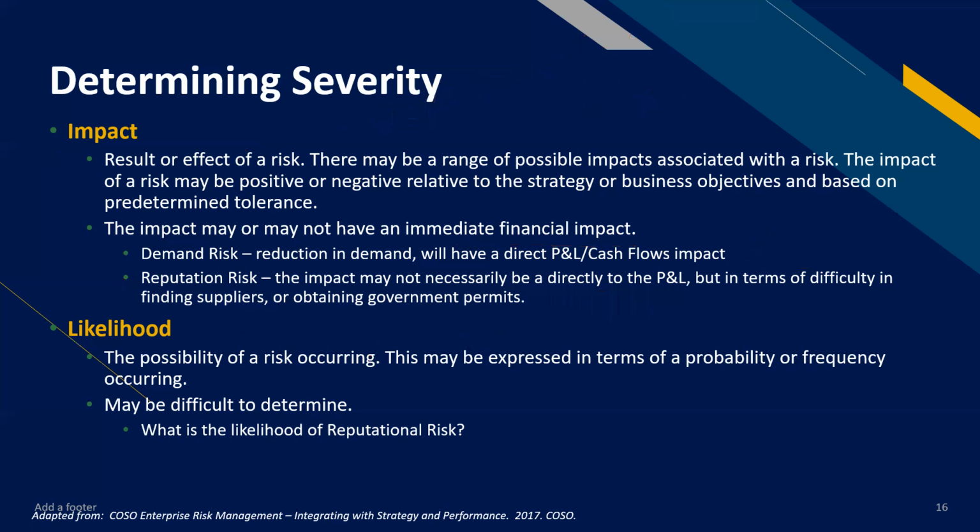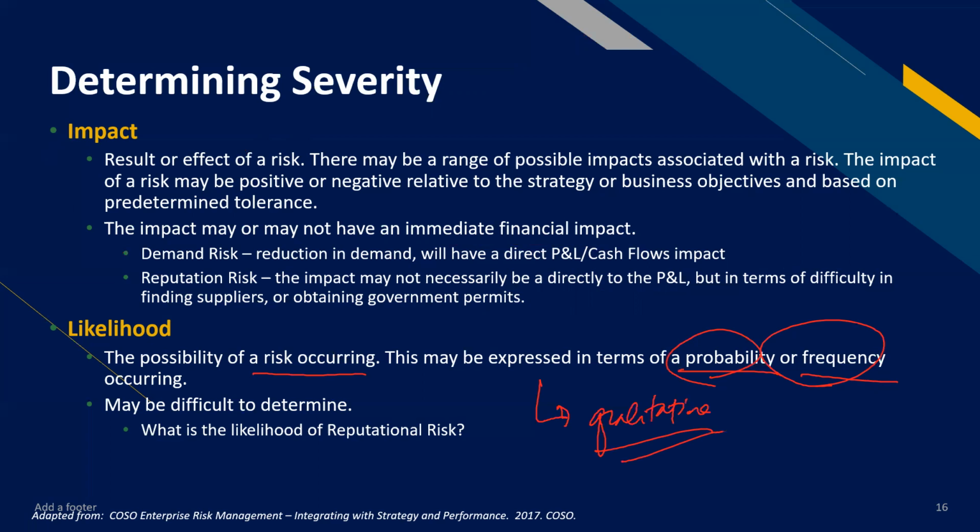Right? Likelihood is the possibility of the risk occurring. So probability of risk. So it might be expressed in terms of probability and frequency, and likelihood sometimes is difficult to determine in terms of probability or frequency, right? So minsan qualitative rin yung analysis ng likelihood.